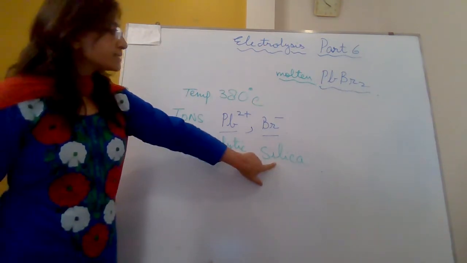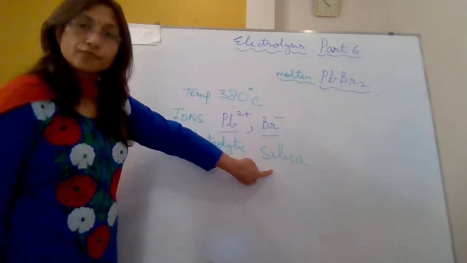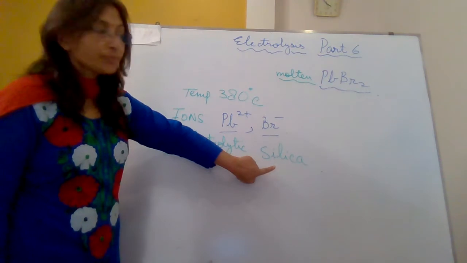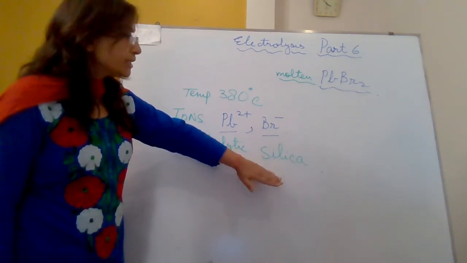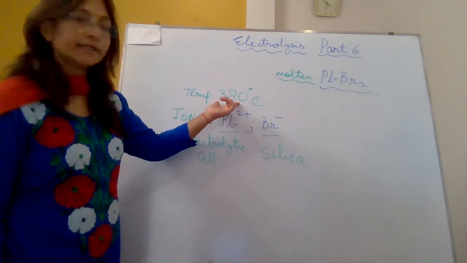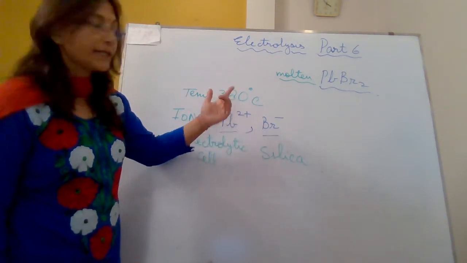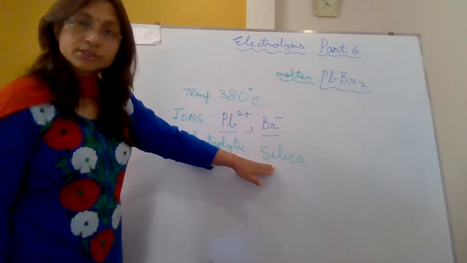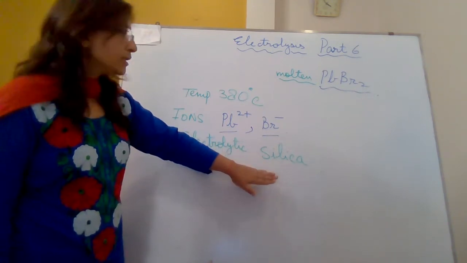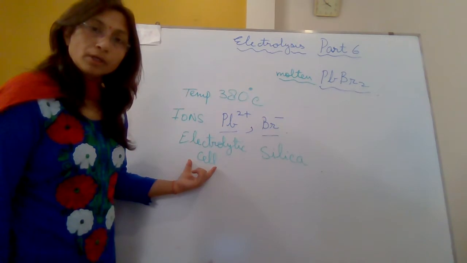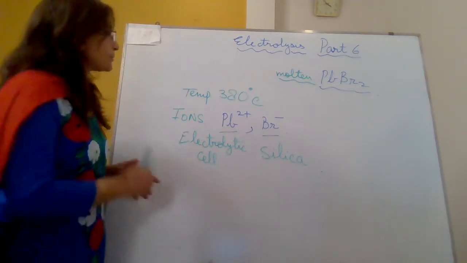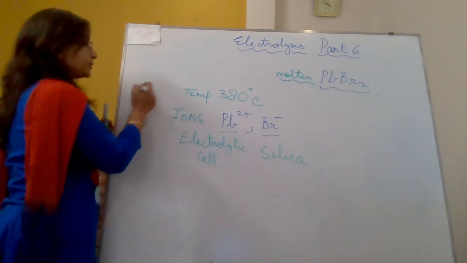Because silica is able to tolerate very high temperatures and it is also non-reactive in nature. Silica जो है इतना high temperature को easily tolerate कर लेगा and because it is non-reactive also, hence we will be choosing silica for the electrolytic cell.